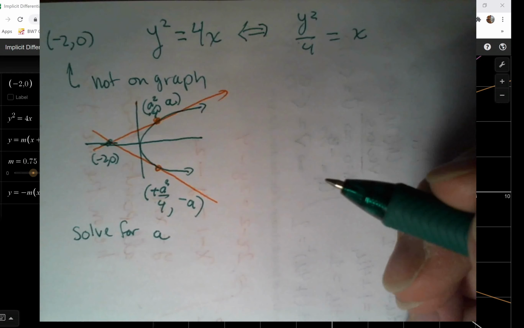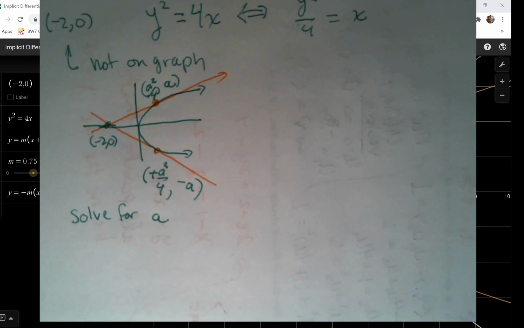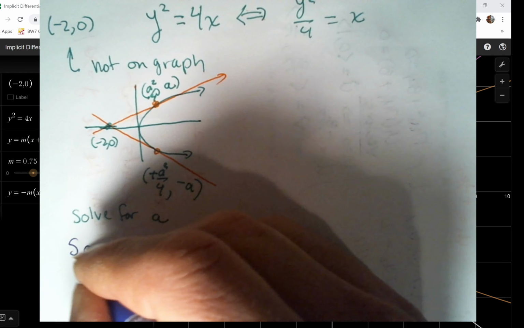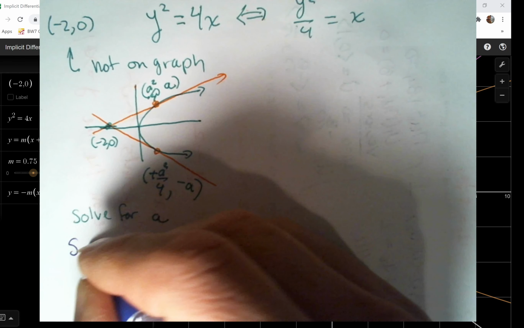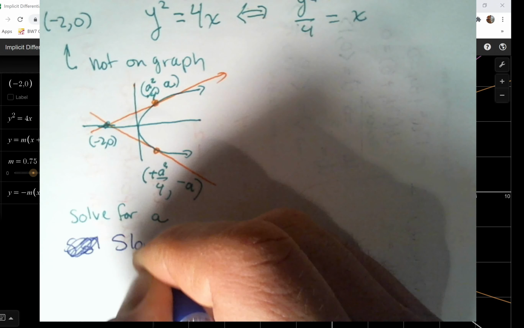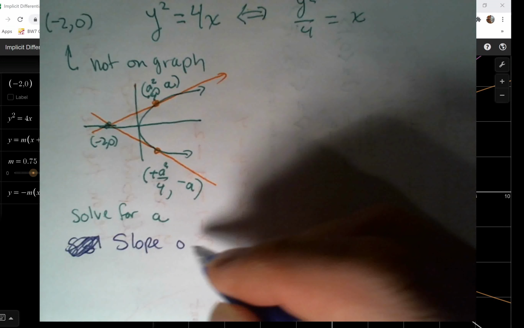And once I do that, I should be able to find the slope, y prime, right? Now, how am I going to do that? The way I'm going to do that is by remembering how I defined the slope.